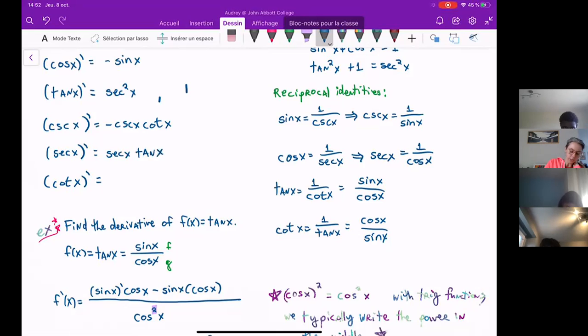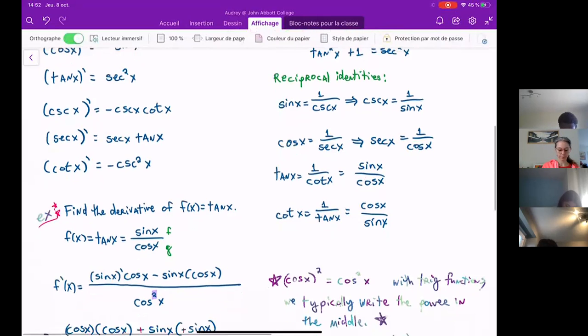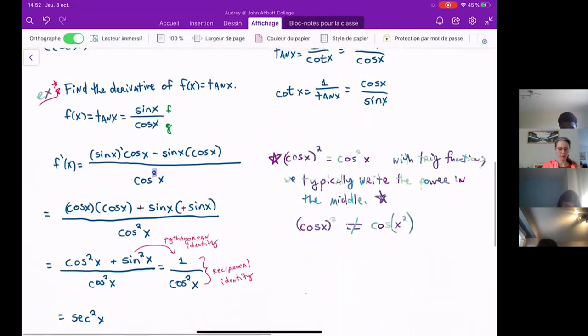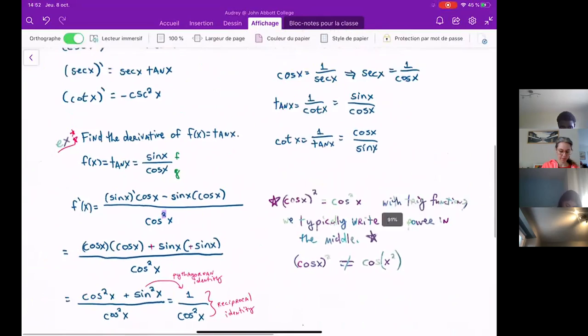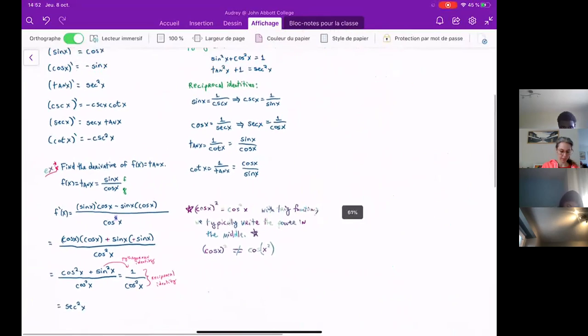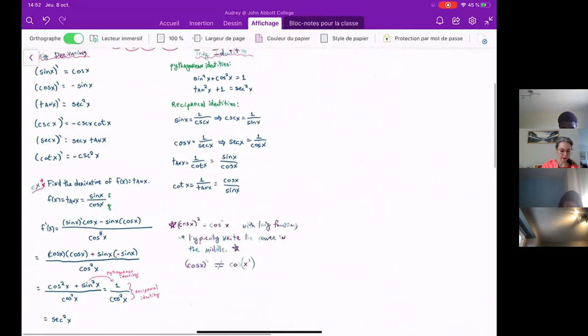And the derivative of cotangent is negative cosecant squared x. There we go. All right, now it's all there.